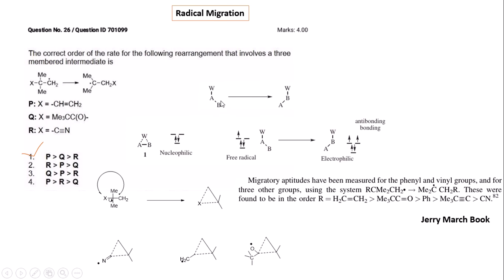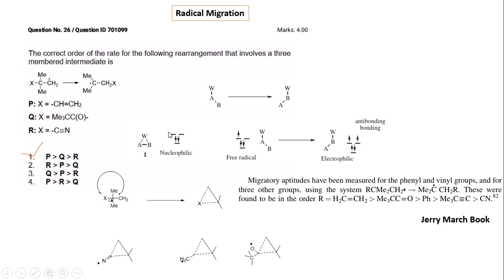During the migration, a 3-member cyclic intermediate is formed, and in the nucleophilic rearrangement the lone pair, that is the electron pair, present on the W atom is migrated to the B atom.